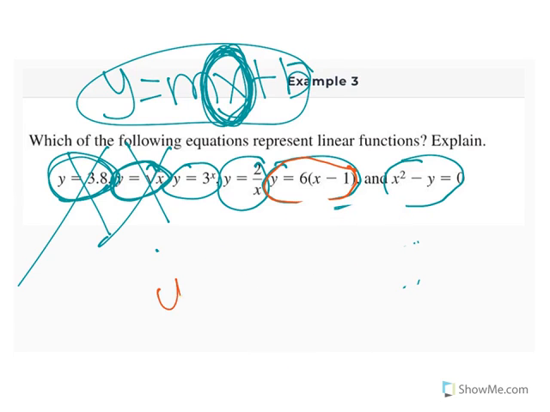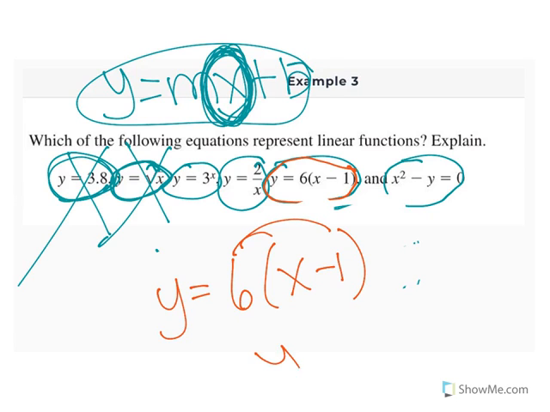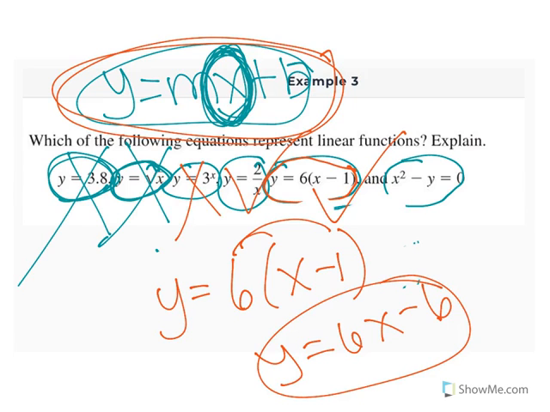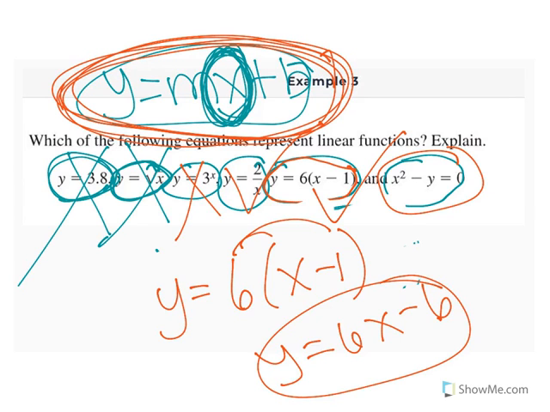Now we have y equals 6 times x minus 1. Well, by golly, we know how to solve that. We know what to do. We know we need to distribute, right? And we end up with y equals 6x minus 6. Gosh, that looks exactly like this. So that one is linear. So this one wasn't, this one was. Notice on this last one, we've got x squared. Well, there's no squared going on in the form we want, right? So that must not be linear.